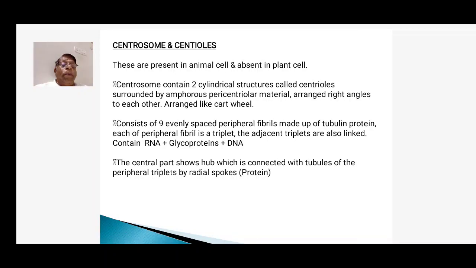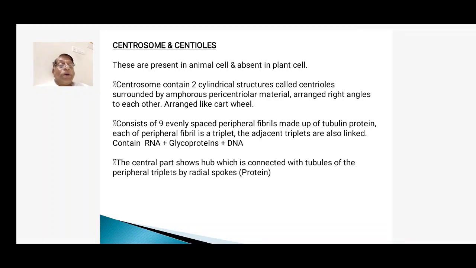Each peripheral fibril is a triplet. That is also very important. The adjacent triplets are also linked. Peripheral fibrils are in triplets. The adjacent triplets are also linked or connected.